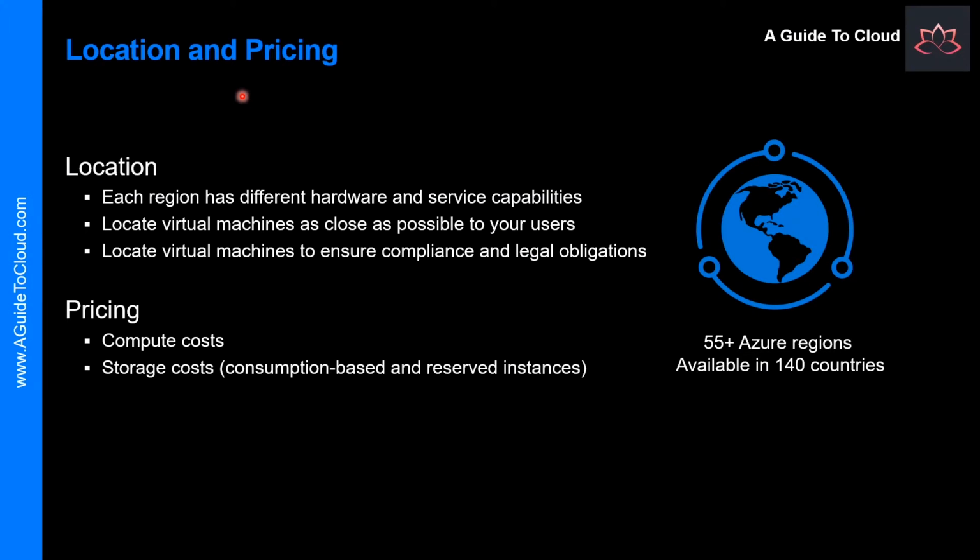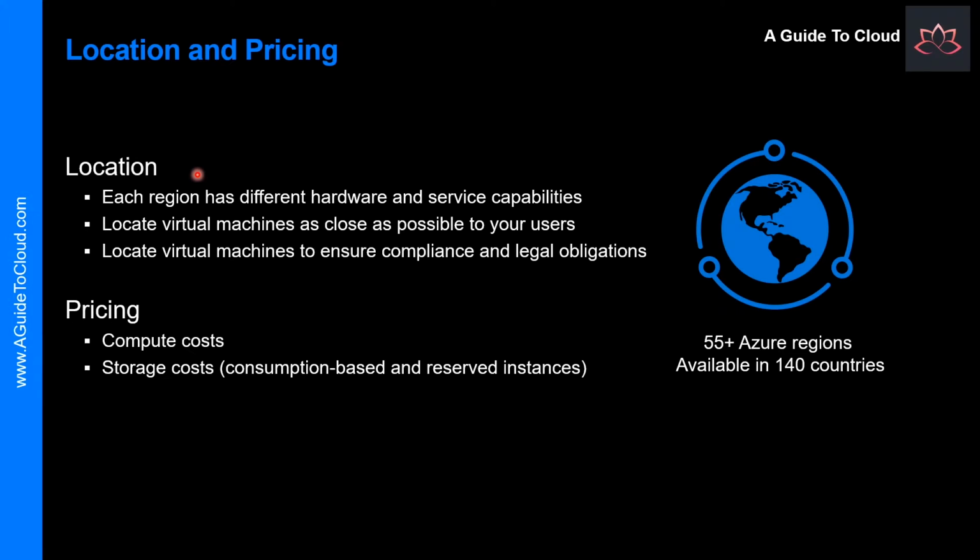Another type of planning is to decide the location of the VM. Azure has data centers all over the world filled with servers and disks. These data centers are grouped into geographic regions, for example, West US, North Europe, Southeast Asia, etc., to provide redundancy and availability.